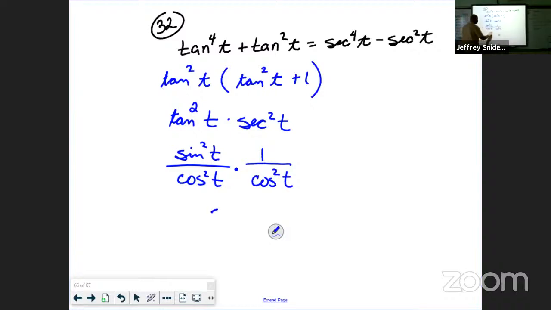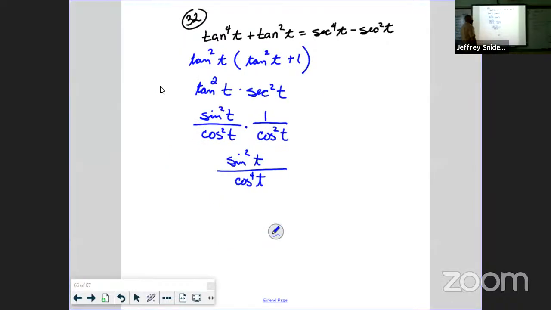Numerator is sine squared t over cosine to the 4th of t. All right? Okay, now, at this point in time, let's keep going with this. I can think of this in multiple ways.